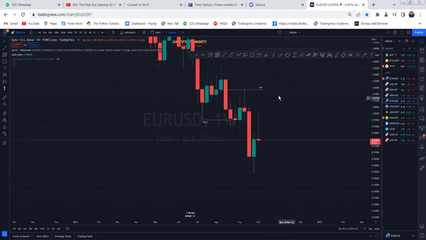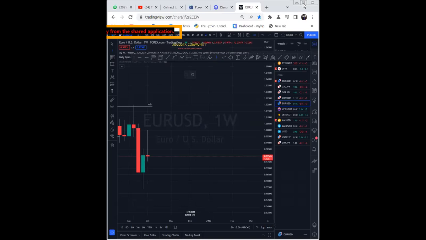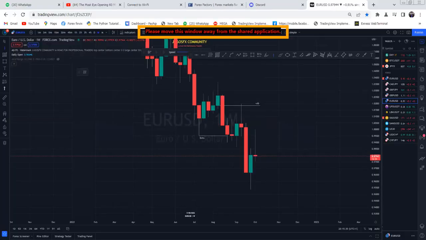So now, suppose that price was still somewhere around this area. Let me just, there's something that is disturbing my screen. I don't know what that is. Something is open and disturbing my screen.